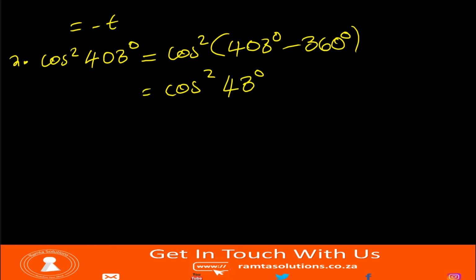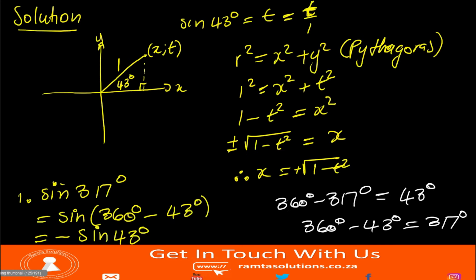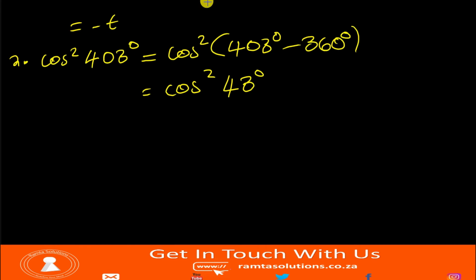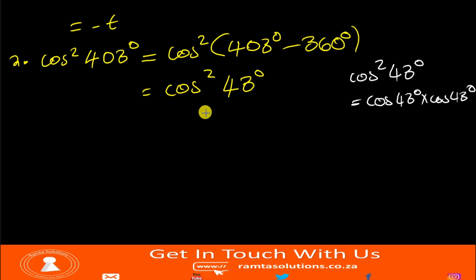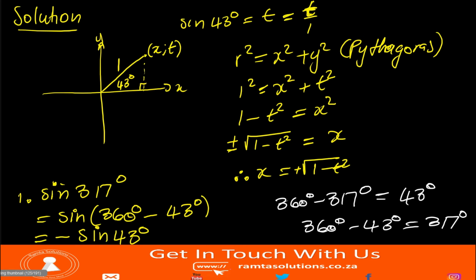Now, what you know about cosine is that cosine is adjacent over hypotenuse. I need to make you aware this is similar to cos 43 degrees multiplied by cos 43 degrees. So we go into our diagram. Cosine is adjacent over hypotenuse. What is the adjacent side?